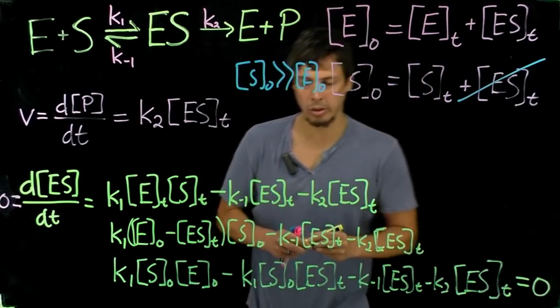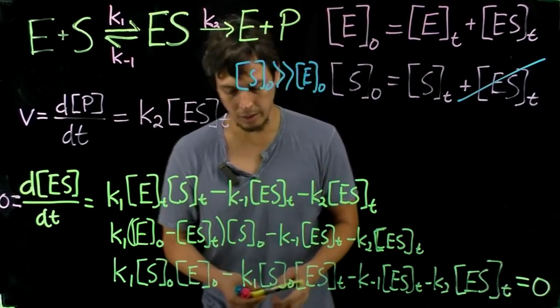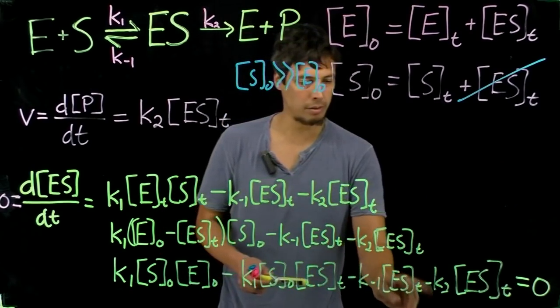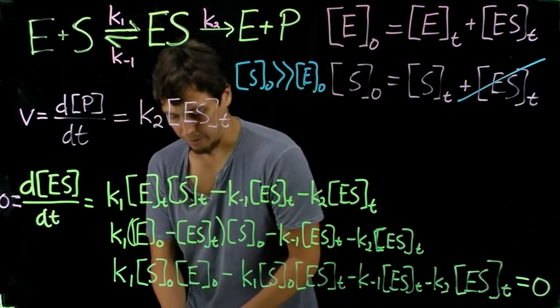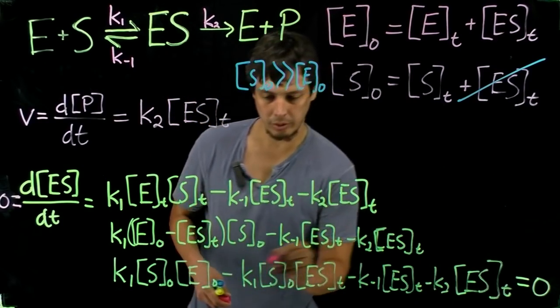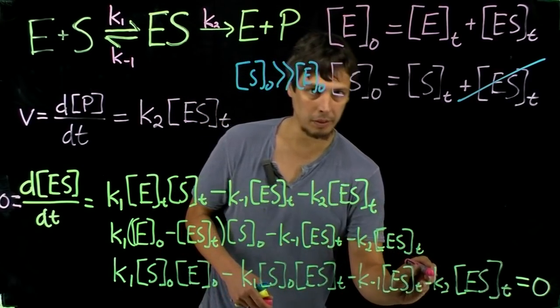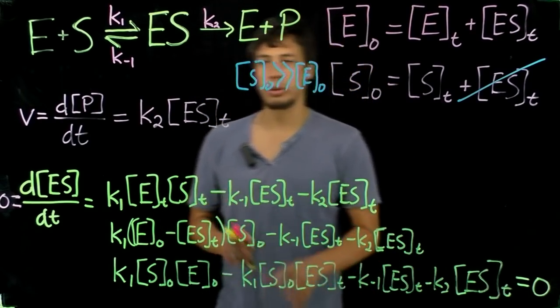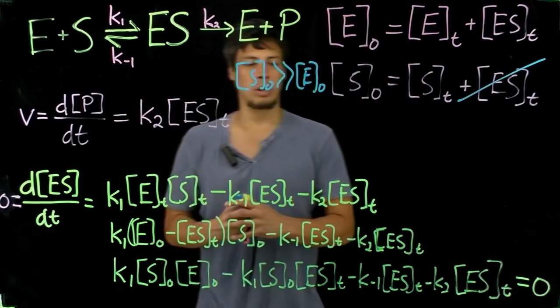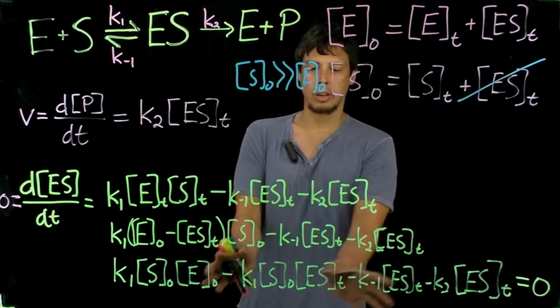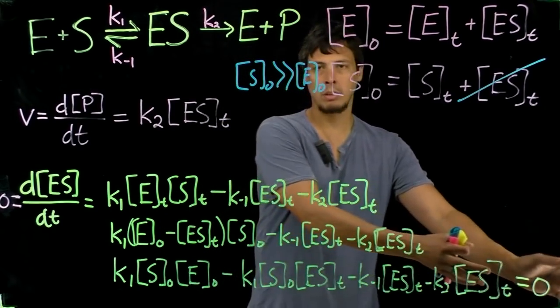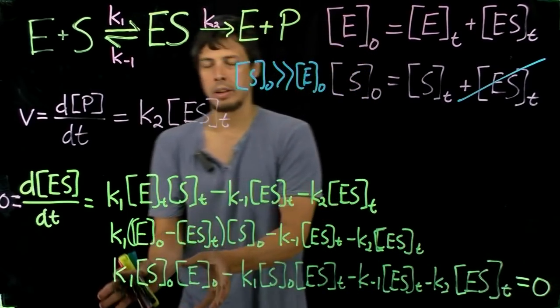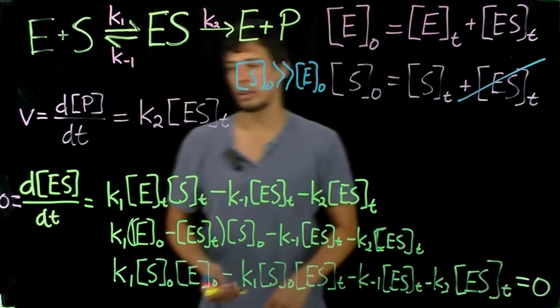Notice that every term that has ES in it is also negative. If you're deriving this, you should check for this, because if it's not, then it's not done correctly. So what we're going to do now is rearrange this so that all of the ES terms are on one side of the equation and all of the non-ES terms are on the other side of the equation.